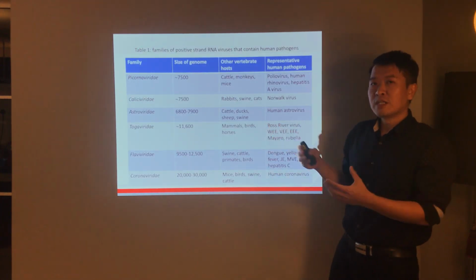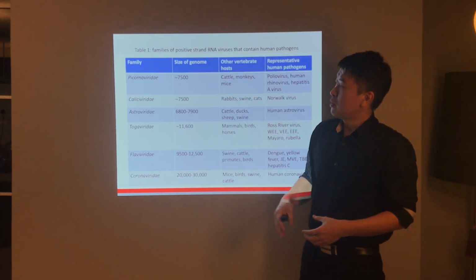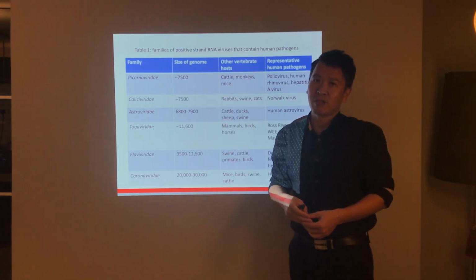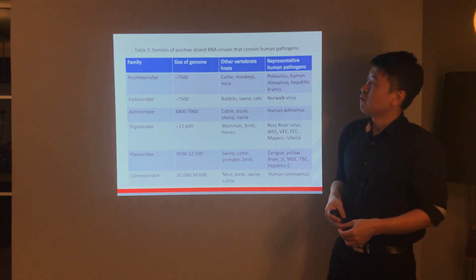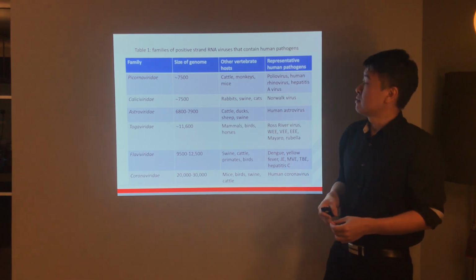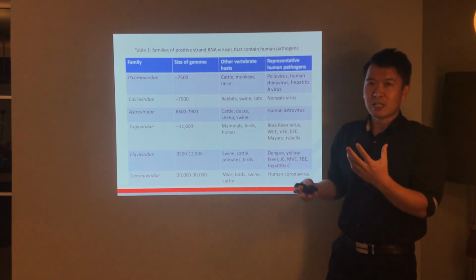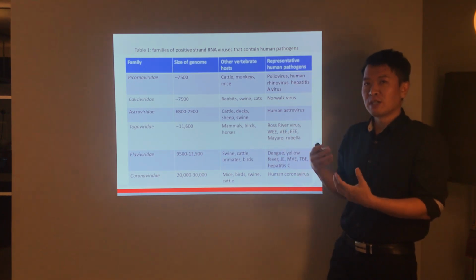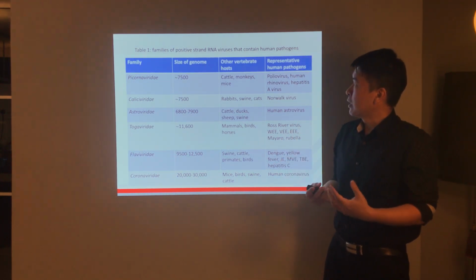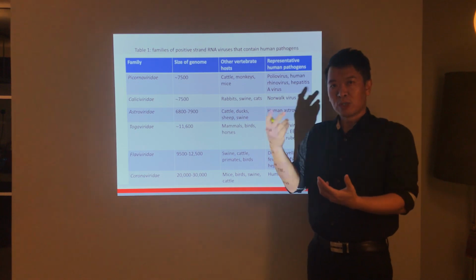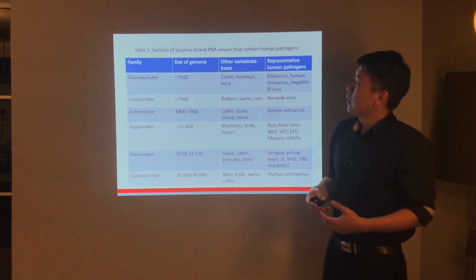So we talked about this in the previous lectures, where we chose the Picornaviridae as a selective family of virus to look into in detail, specifically the poliovirus, where we studied in detail how the poliovirus attaches and penetrates, as well as its life cycle.